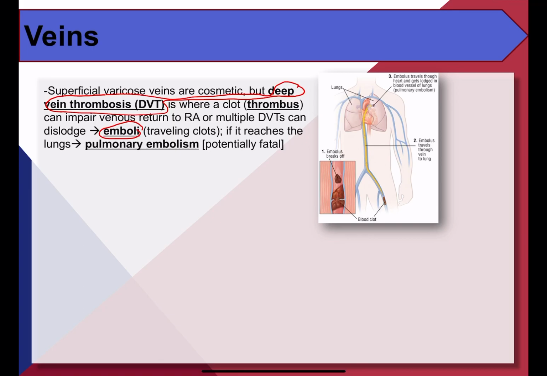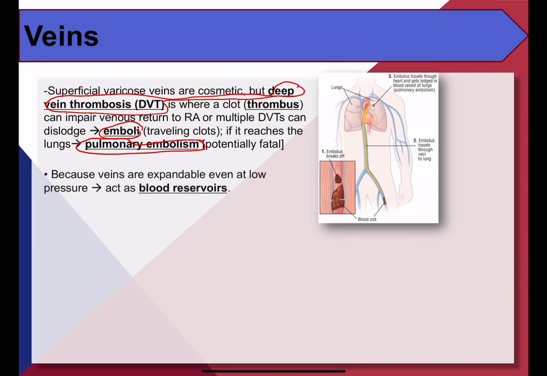When that emboli gets lodged in a lung blood vessel, and sometimes those can be tiny, we're talking about those little tiny capillaries, or if the clot is large enough and plugs up a larger part of the lung arteries and capillaries, it can become a potentially fatal condition called pulmonary embolism. And usually when people have that, it can be fatal for the person.